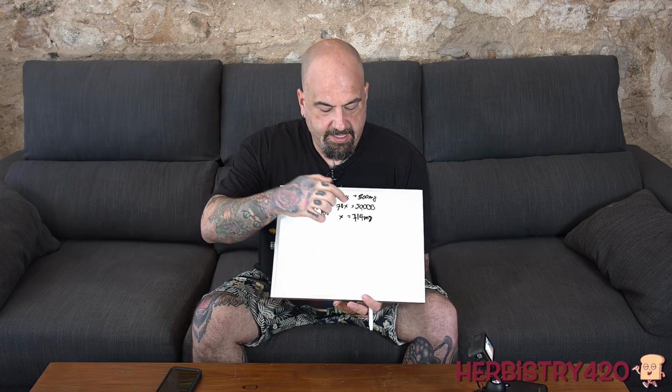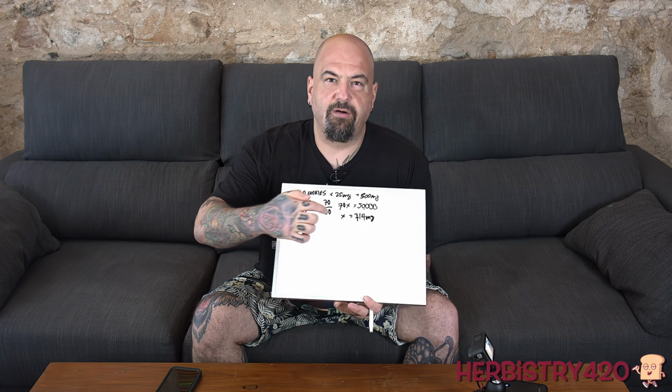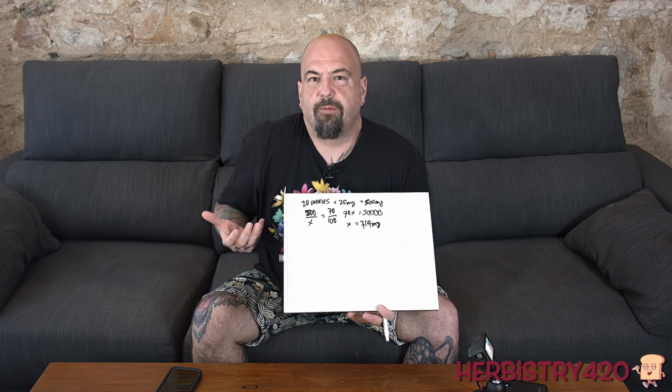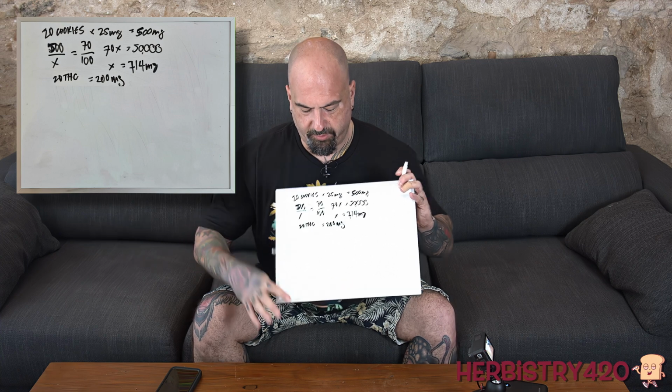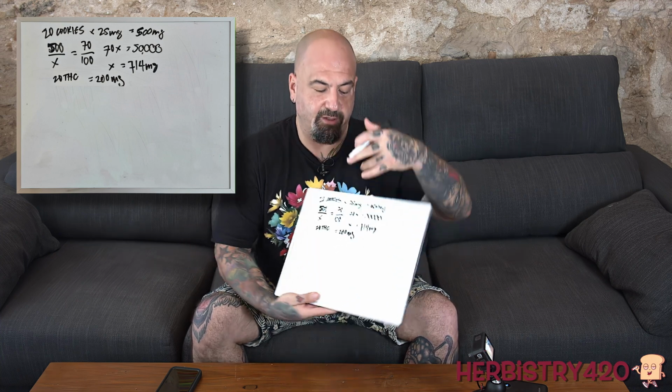So how do we determine this 714 milligrams? How do we determine how much cannabis that is? Let's say we're using a 20% THC strain. So 20% THC, which is 200 milligrams per gram, right? What we would do is take that 714 milligrams and divide it by 200.